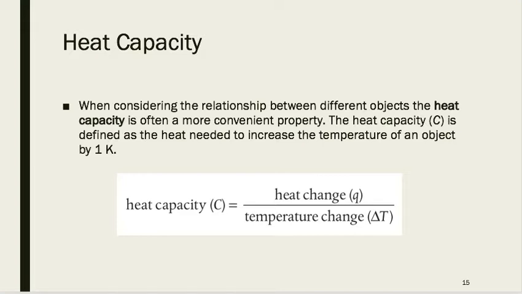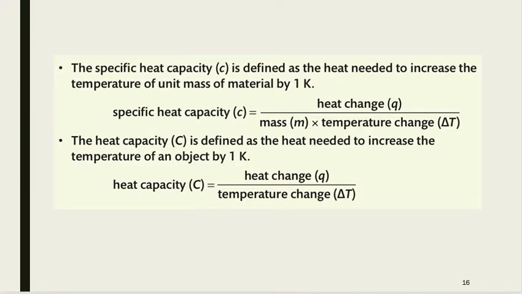Okay, so one equation here, heat capacity equals the heat change divided by the temperature change. And here's a comparison of the specific heat capacity versus the heat capacity. You most likely are going to only be dealing with specific heat capacity, Q equals mc delta T.